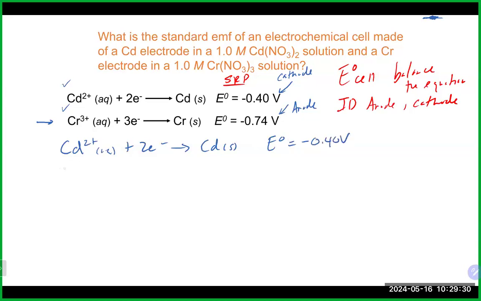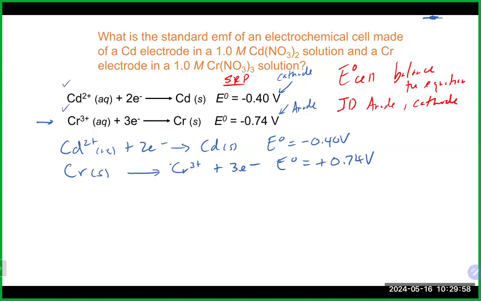And if we take the bottom one, we're going to reverse it there, and it goes to Cr3+ and 3 electrons. Since we did reverse it, we change the sign there to plus 0.74. We also need to make sure we have the proper number of electrons in each of these before we add it back together.